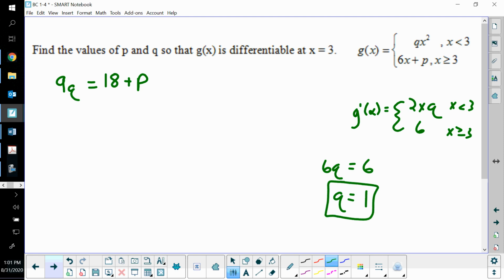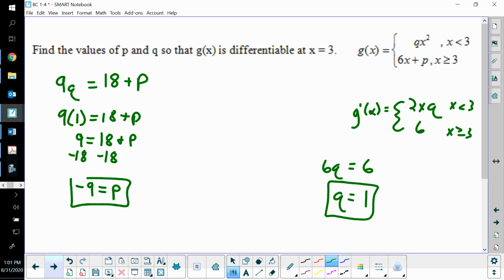And then putting the q equals 1 in over here, subtract the 18 over, and we get negative 9 is your p. Okay, so if you want it to be differentiable, it's got to be both continuous and differentiable, because it can't be differentiable if you're not continuous.